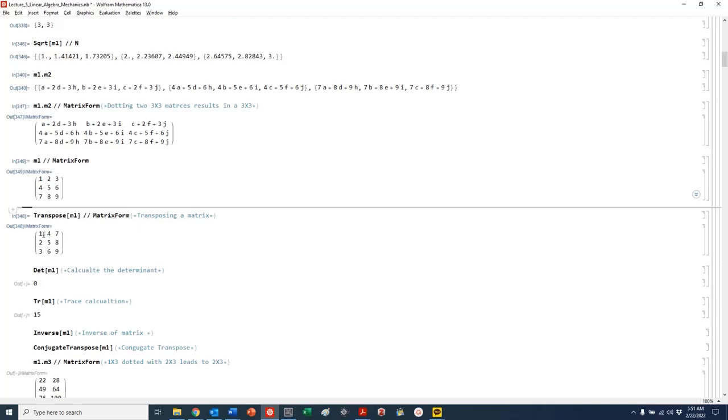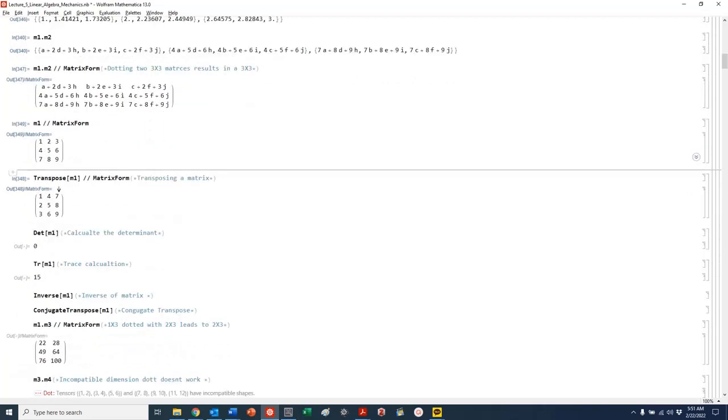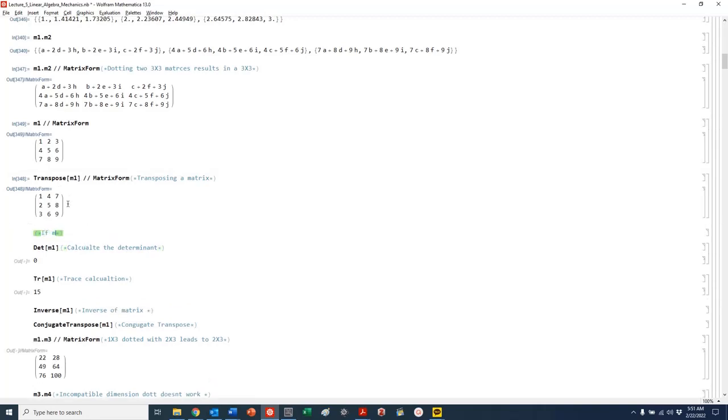So on my diagonal, 1, 5, 9, those values remain the same, but I flip the other ones. The transpose is going to be identical if my matrix is symmetric, which we'll see is often the case.